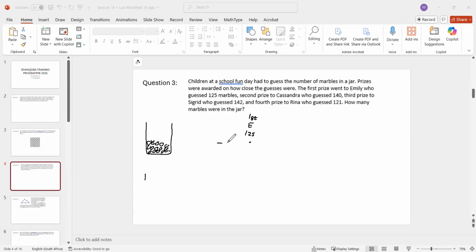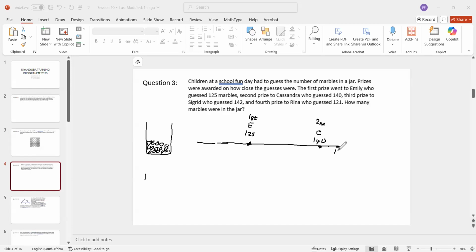I'm going to put these in a straight line. 140 is this way. Cassandra is 140. And she got second prize. The third prize went to Sigrid, who guessed 142.